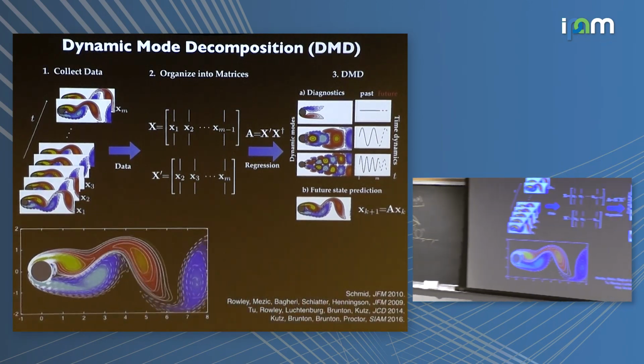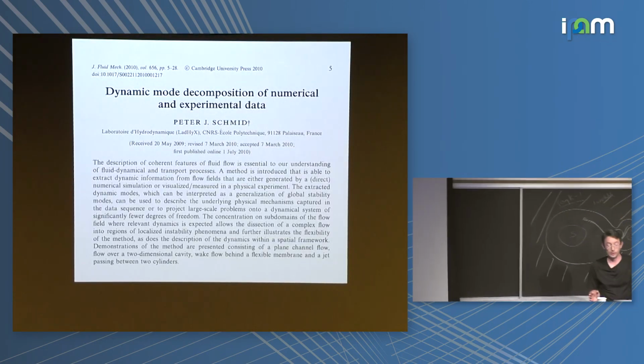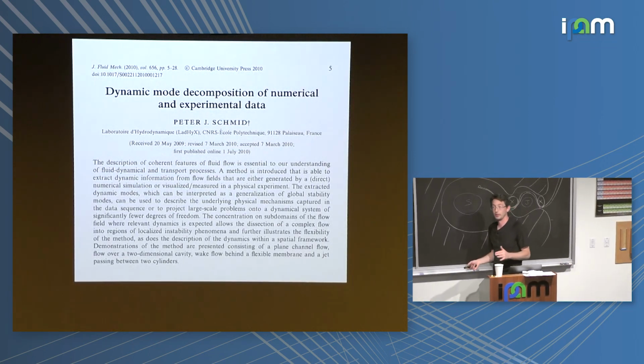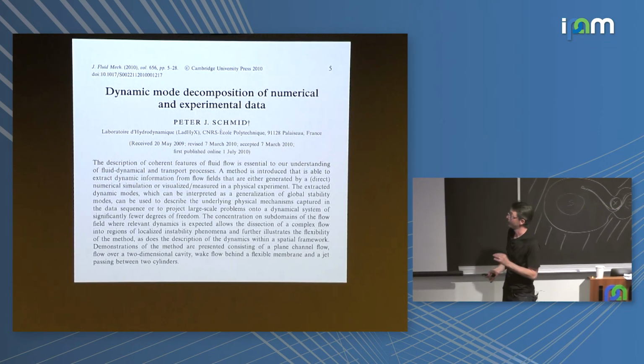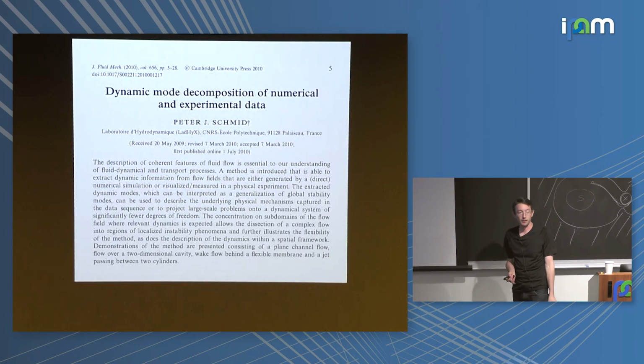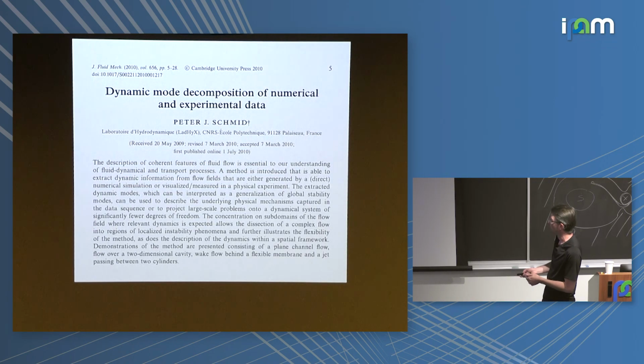But it's been an extremely useful technique in fluid dynamics. So I love this paper. I think you all should read it. Peter Schmid is one of the authors, where on page 15, in the third paragraph, you'll find a sentence that starts a whole research direction. Excellent paper.